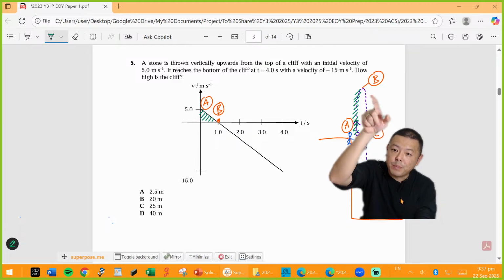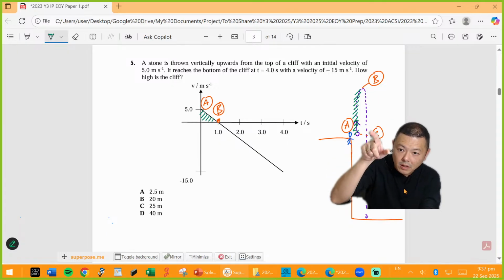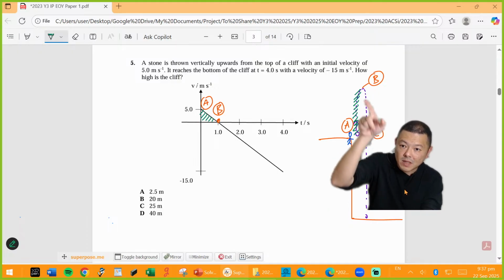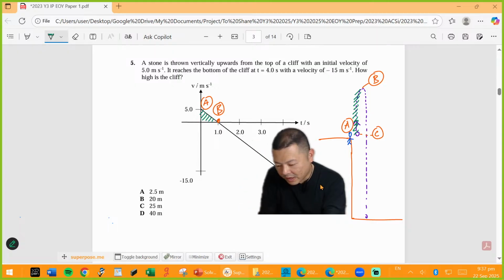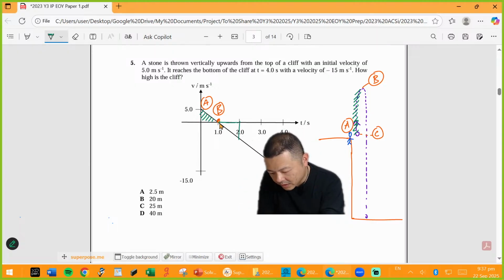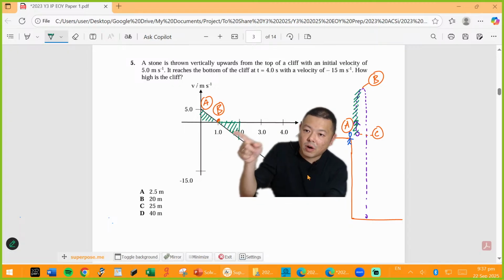Okay, how about from B to C? What's the distance? Is it the same distance? So which means that on the graph, isn't that the same exact area, a copy of the area on that side, from here to here?